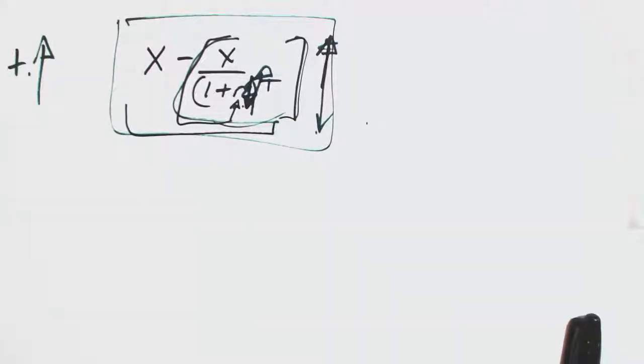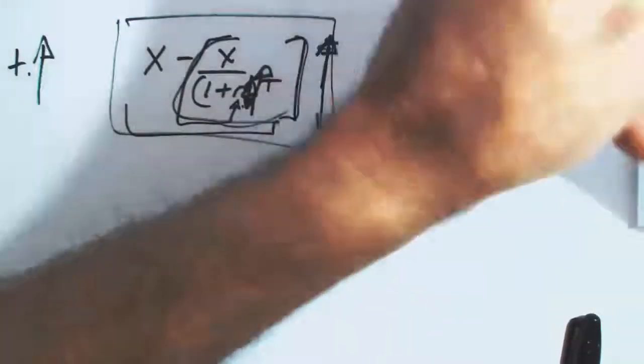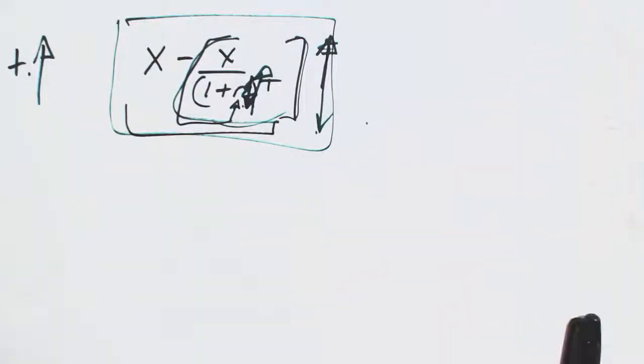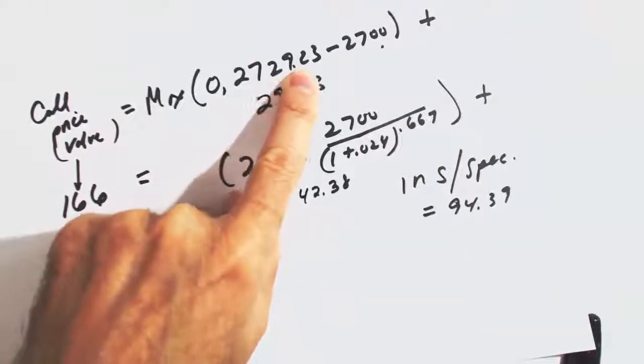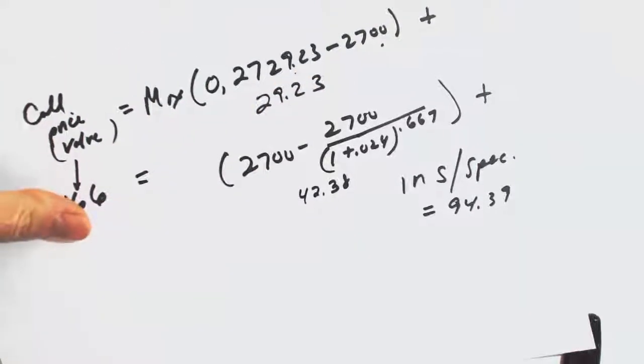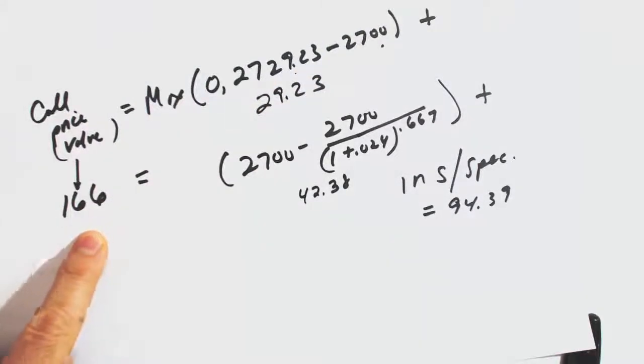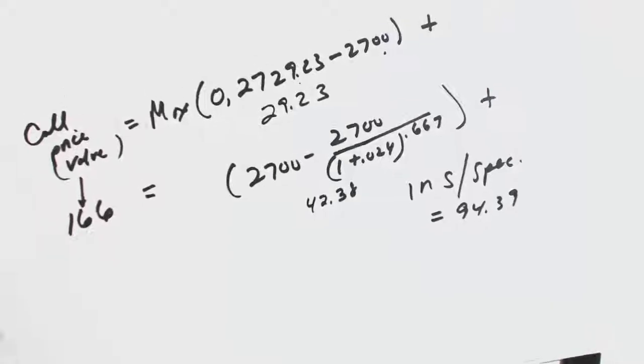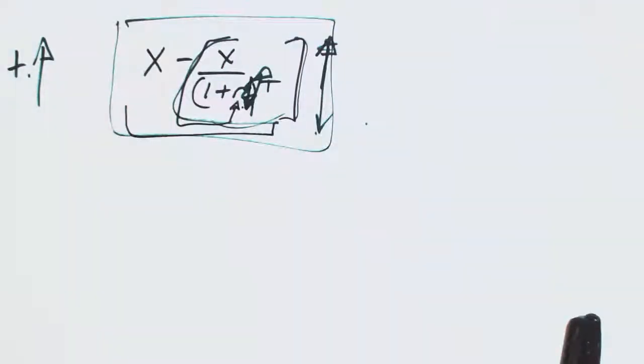But compare those two situations. The stock could be 27, 29, a very expensive stock. The call option in this case was only $166. There's a huge difference in the cost to get into these positions per share.